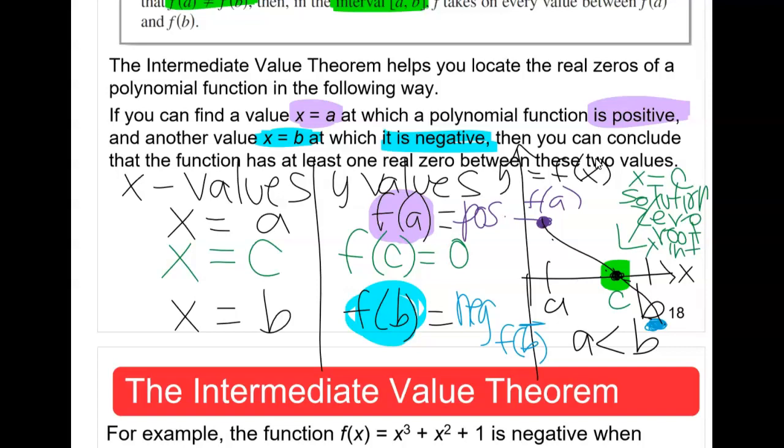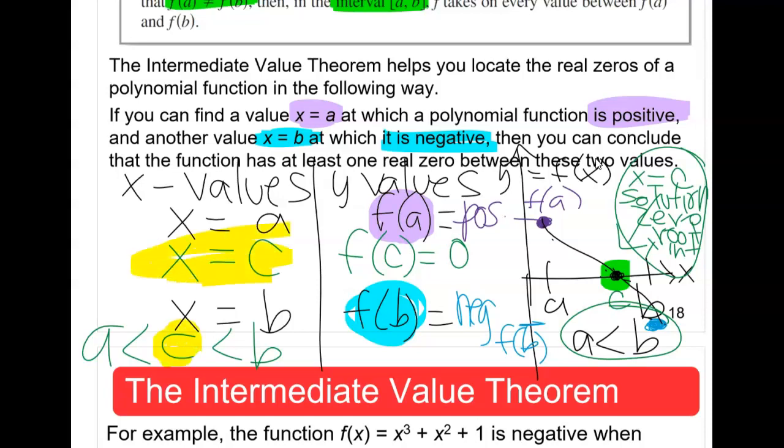That's all we get from the Intermediate Value Theorem. It just guarantees that there will be a real zero represented as an x-intercept in between the interval a and b. So a is here, c is here, and b is here, and this interval contains the zero of the function.